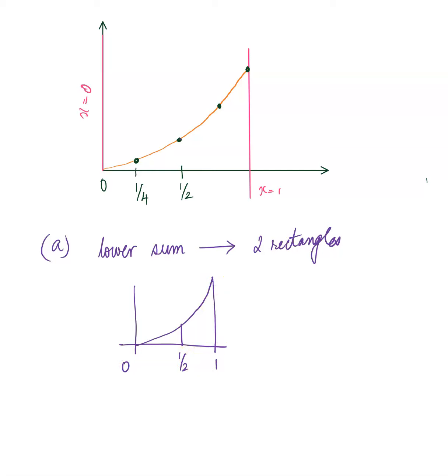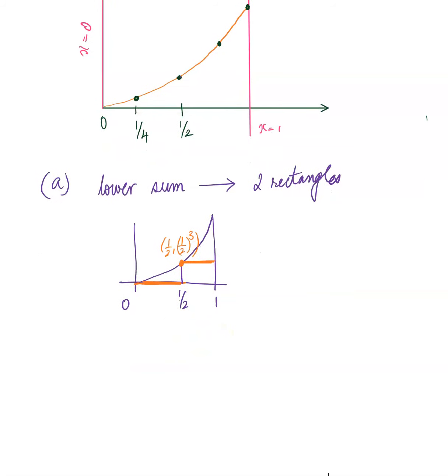So if I were to construct a lower sum, I have to stay under the curve. And this would be the first rectangle, which is basically no height. Okay. The second rectangle would be this. So that means the first rectangle has a height of 0. The second rectangle will have a height of half, comma, half the whole cubed, because that's the y coordinate, right? And so keeping that in mind, I would have to write my rectangle.